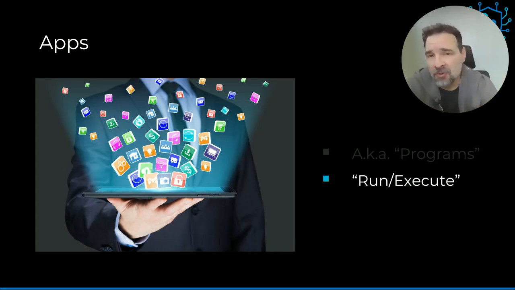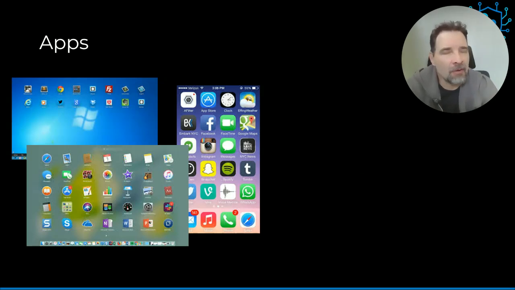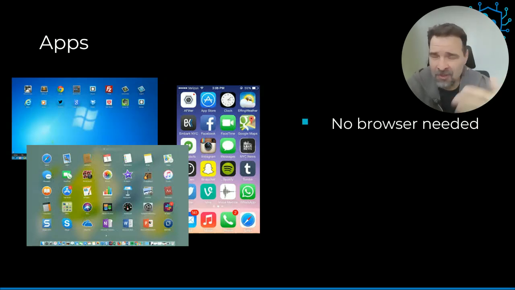Apps we run and execute, right? A browser we open and start navigating. And you can install apps on your Windows, on your Mac, on your iPhone, on your Android, on your iPad, on your TV, okay? You don't need a browser to use an app because a browser is a program, an app is a program.